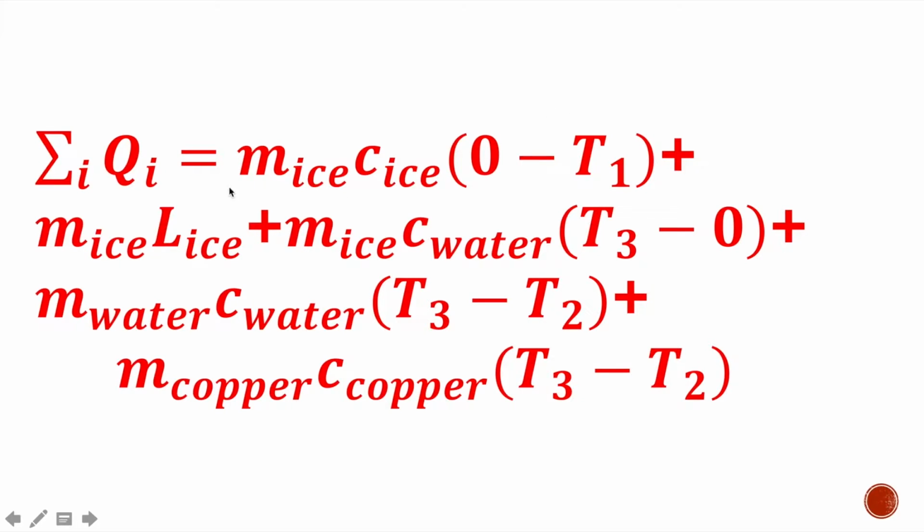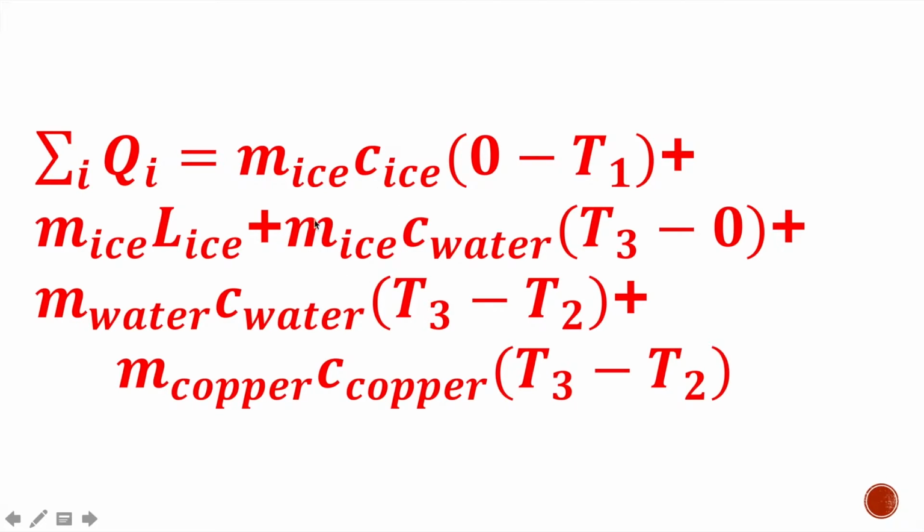Then in the second stage, this ice at 0 degrees Celsius converts to water at 0 degrees Celsius, a phase change, that is mass of the ice into latent heat of ice. Then the third one is the water at 0 degrees Celsius changing its temperature to T3, the equilibrium temperature.